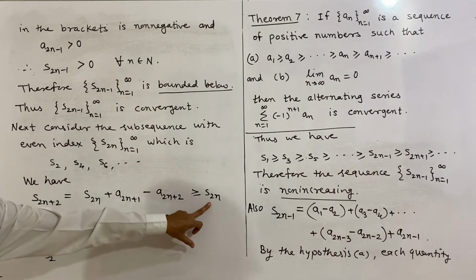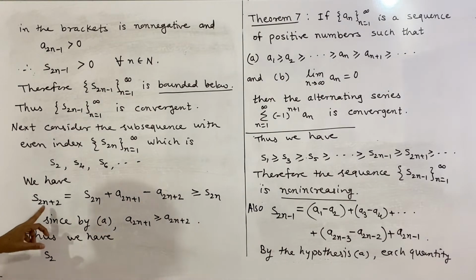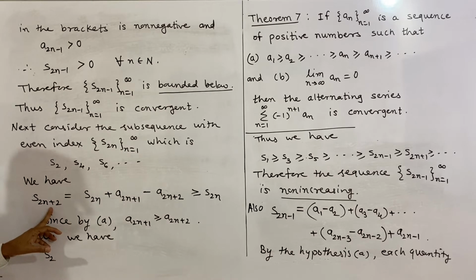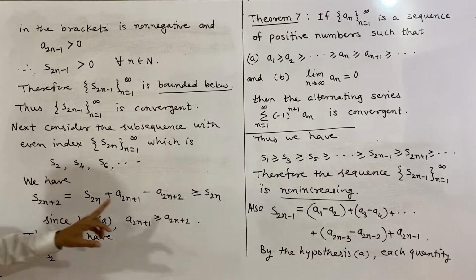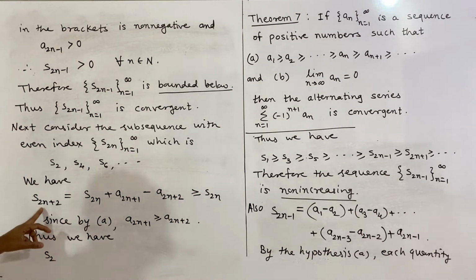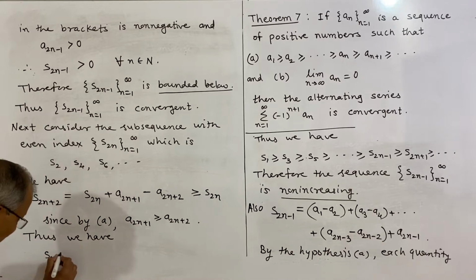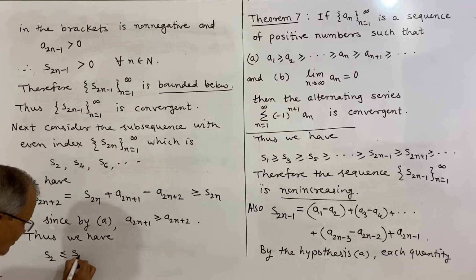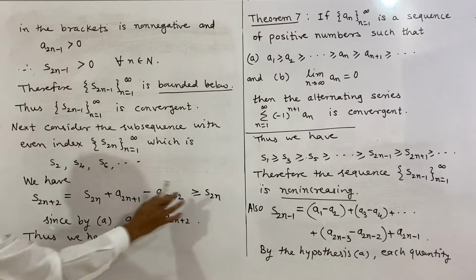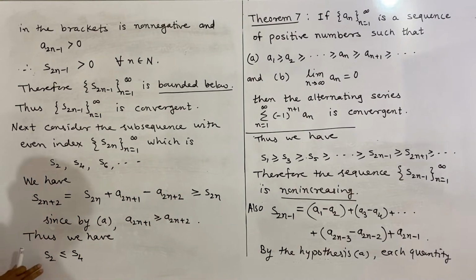S2n in general, S2n is less than or equal to S2n plus 2, and therefore we will get the relation as S2 is less than or equal to S4. So this is less than or equal to this one, meaning the earlier term is less than or equal to the next term.